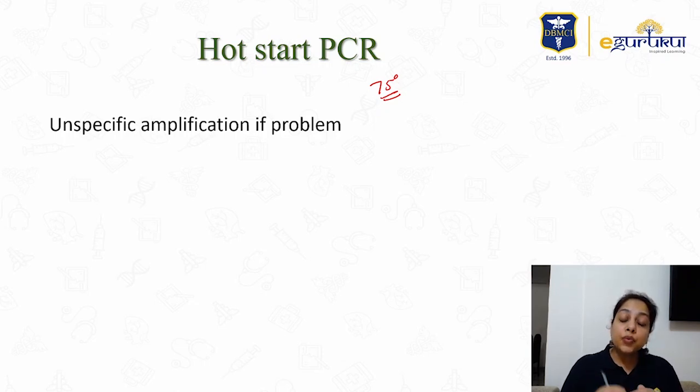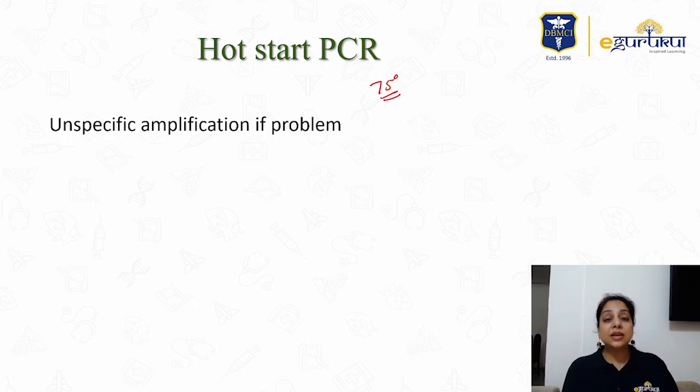And since we want the reaction to start at the elongation phase only, what is done by scientists is they add antibodies to the DNA polymerase, and those antibodies make the DNA polymerase inactive. So unless these antibodies are detached, the polymerase is not going to go for elongation.